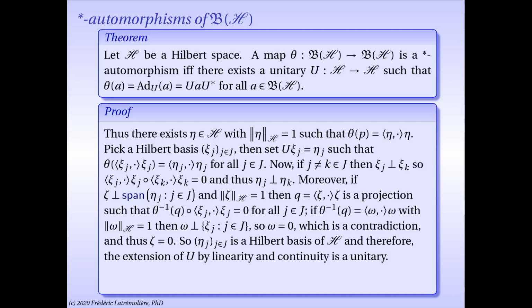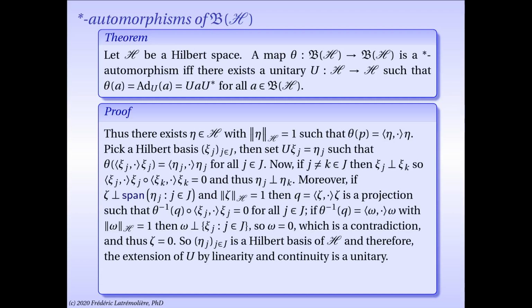There are a few things I know about q. I know that q, as a projection, composed with the projection on the linear span of eta j equals the projection on the linear span of eta j composed with q, equals 0. That's because zeta is orthogonal to all the eta j's.